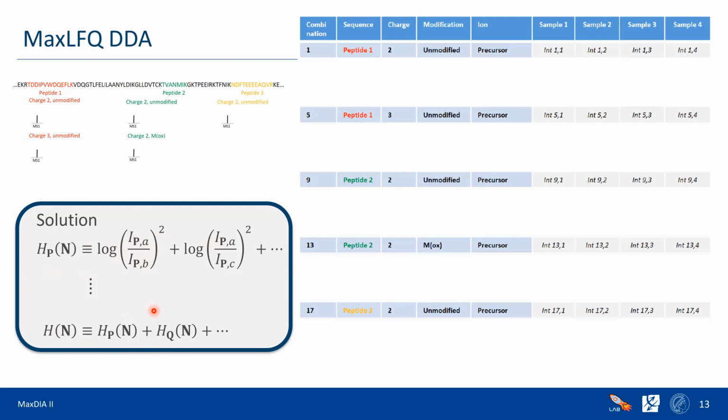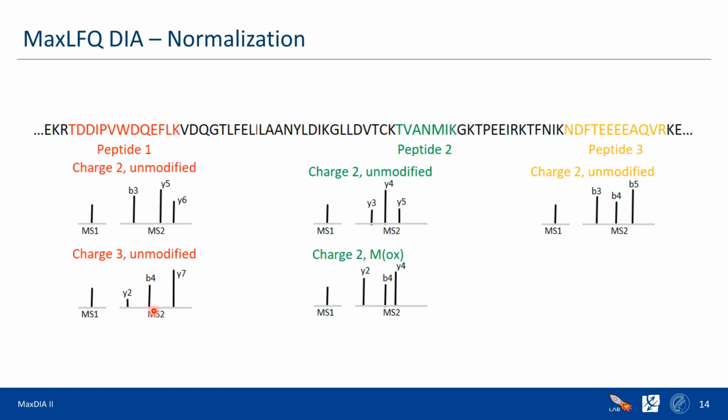Okay, so now how can we extend this pretty beautiful algorithm to the DIA world, to DIA samples? In the DIA samples, on top of having MS1 information about peptide identity, we're also going to have information about fragment intensities.